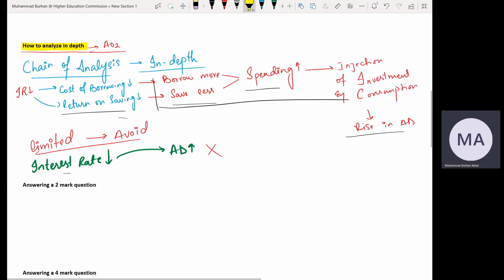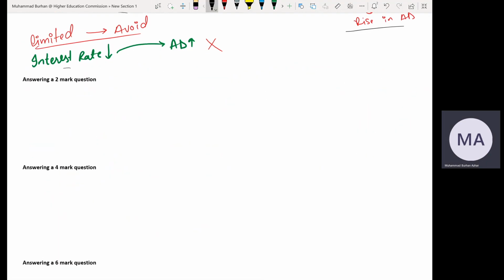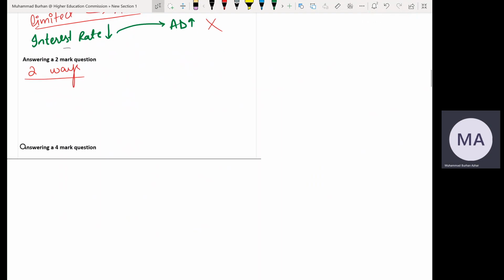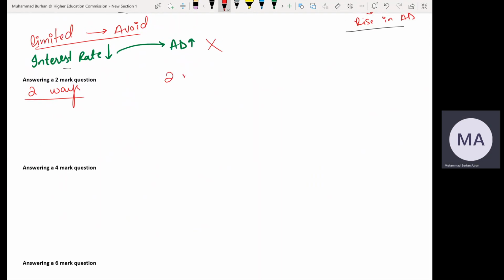ठीक है? Moving on, let's see कि अब question structure किस तरह का होता है and what are we supposed to write in the questions. ठीक है? अब एक 2 mark question is usually tested 2 ways. जो 2 mark का question है, सबसे पहले it's either an identify question or a define question. ठीक है? अगर identify का question है, you simply have to state things.